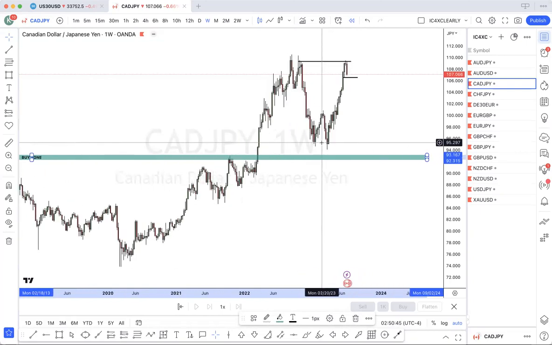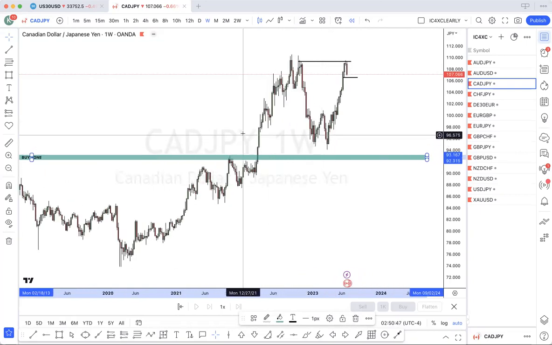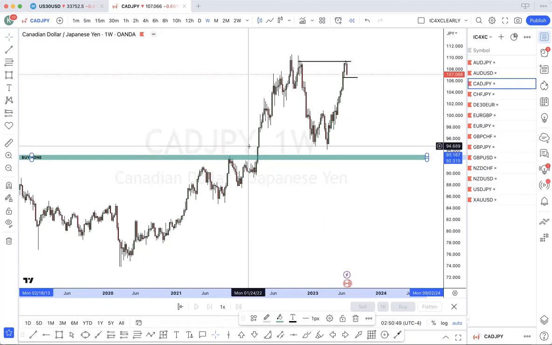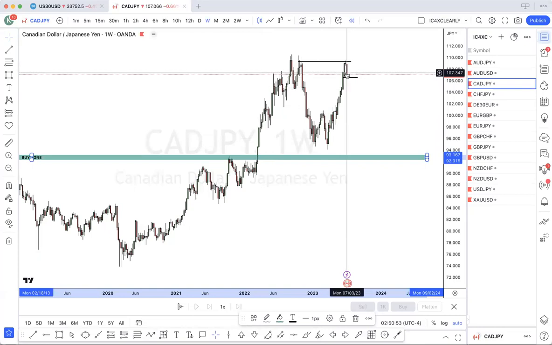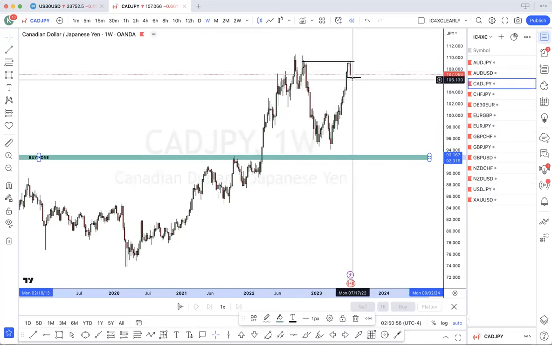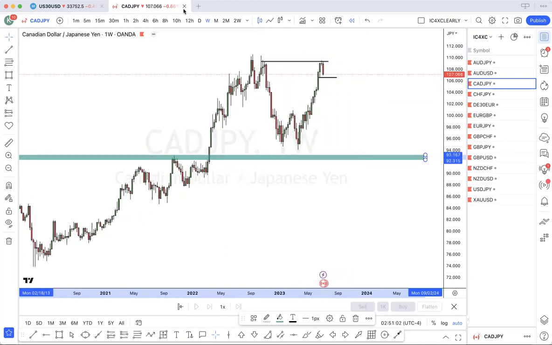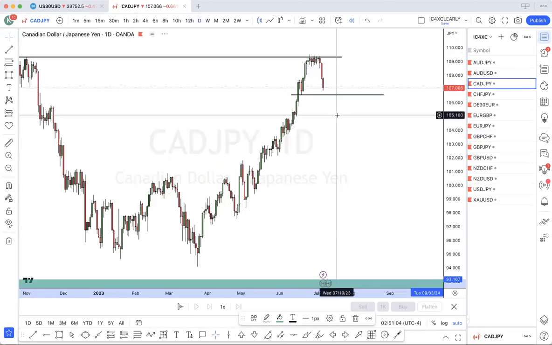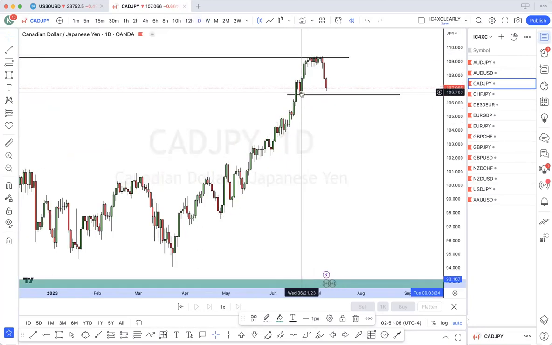Price did not tap into any price action other than it did fill this imbalance here. It pushed up, didn't break the high. So a possible sell back down to here. But again, it has not broken any swing lows yet.